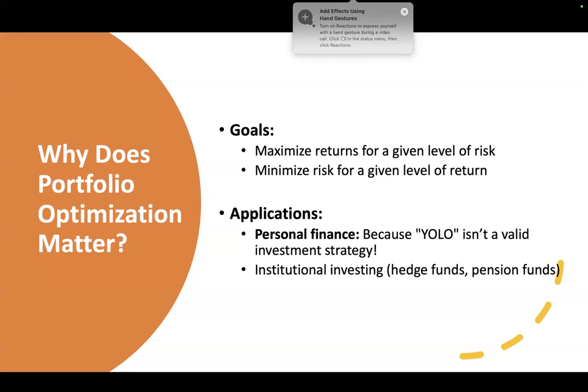Then if you want to spend it, go ahead. So personal finance, that's one application. Other applications, institutional investing like hedge funds, pension funds, mutual funds, all of those things.